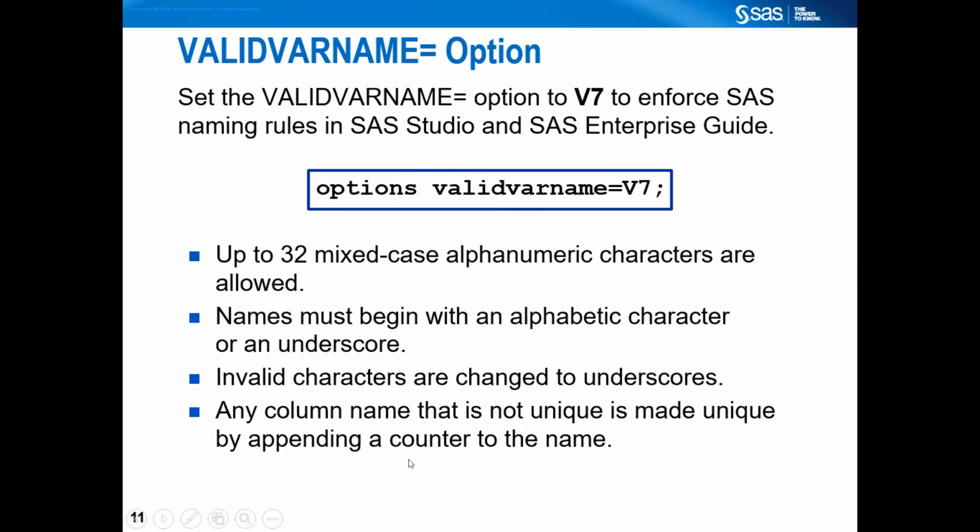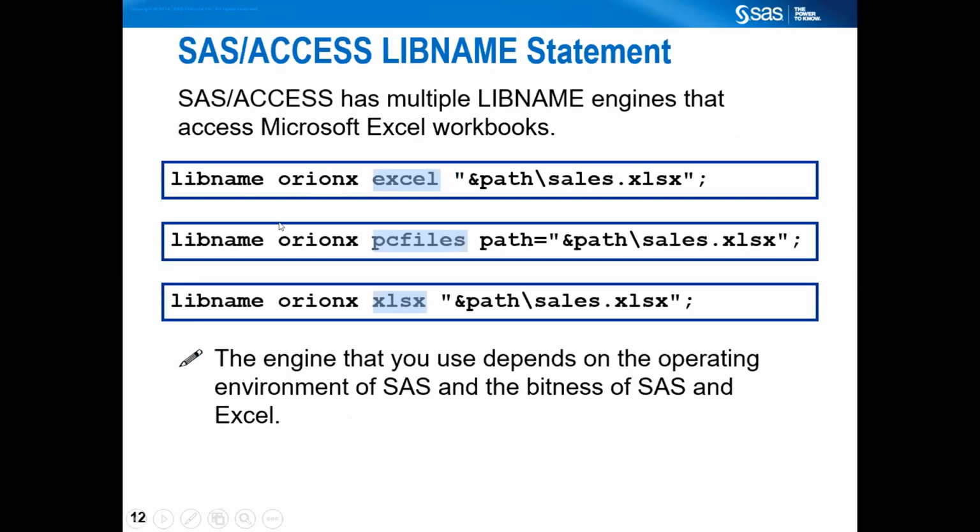It is the same thing we had seen earlier. Hence, you can now connect with any of the files. So either you write the engine information as Excel, PC files, or XLS.